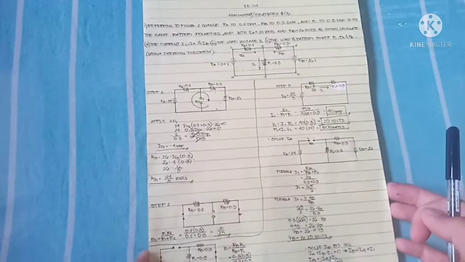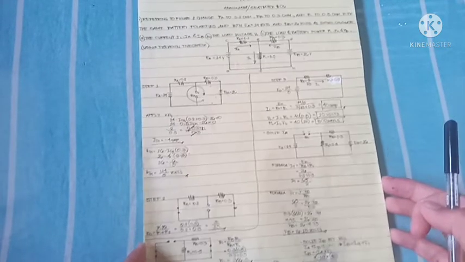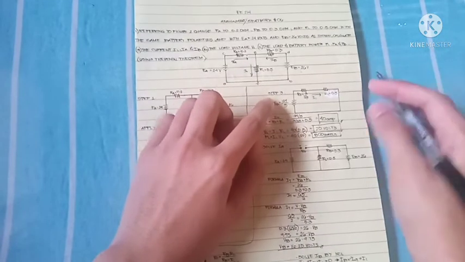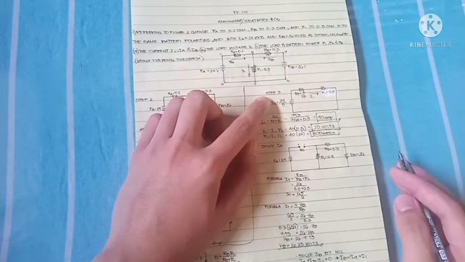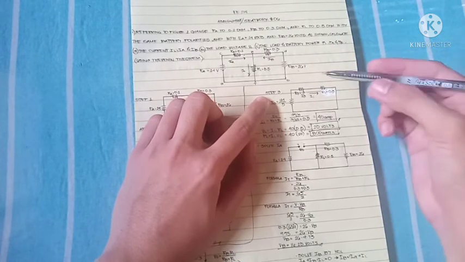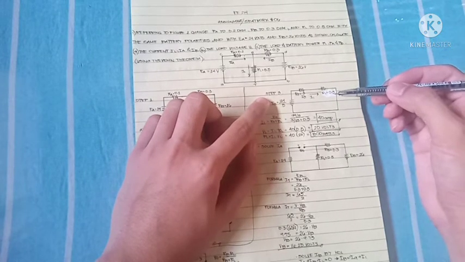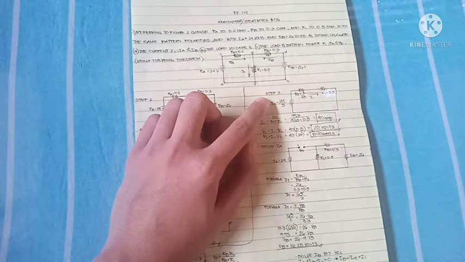Now let's solve step 3. In step 3, construct the Thevenin equivalent circuit and solve for the resulting currents.